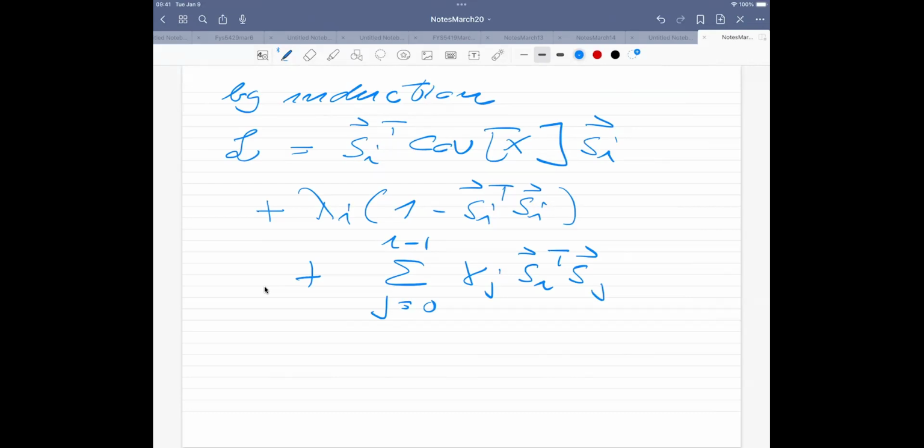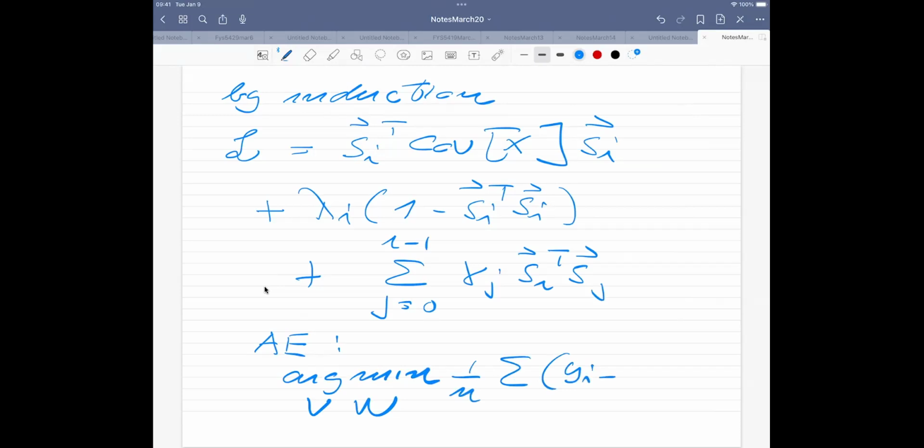what we are doing here is essentially setting up an autoencoder. So a linear PCA, where, if we go back and look at this reconstruction error, so if you look at the autoencoder, what we have is the minimization of parameters V, W, and then we have the mean square error, and we have Y_i minus some function which we call G, which depends on this quantity, V tilde.